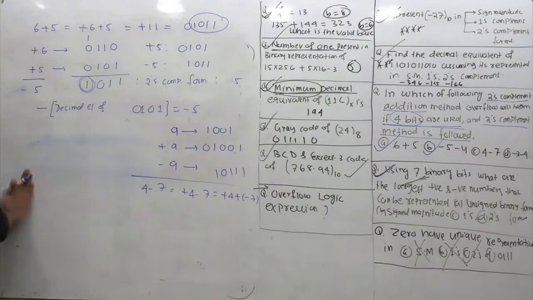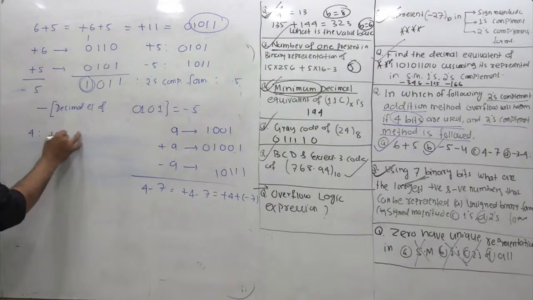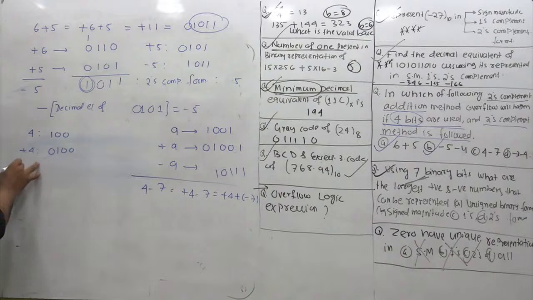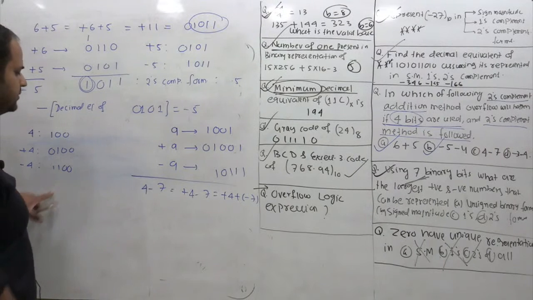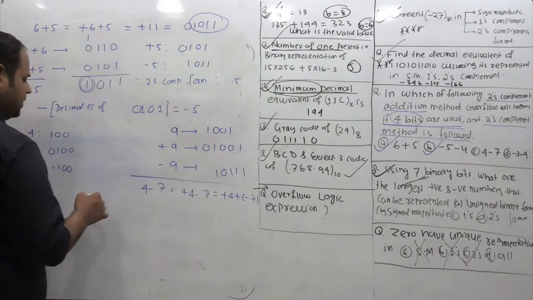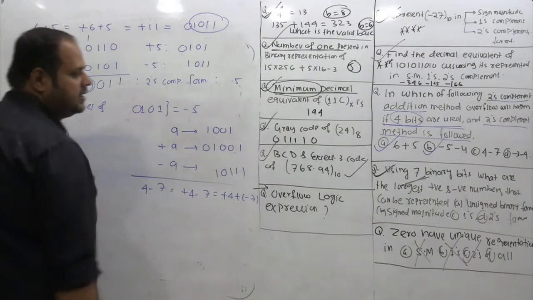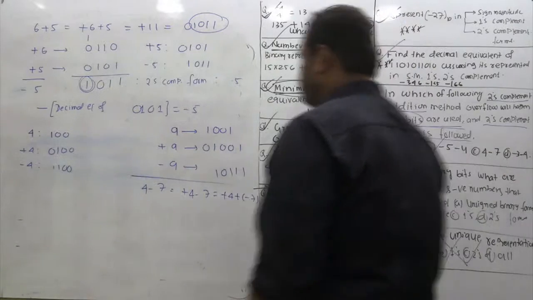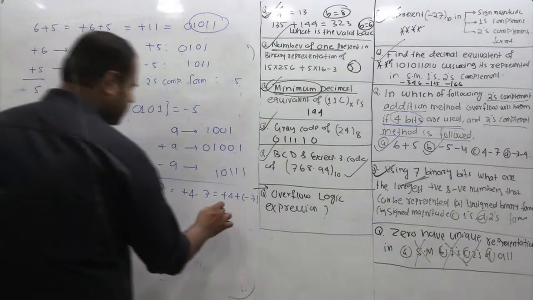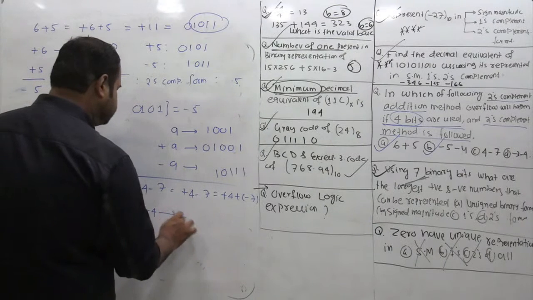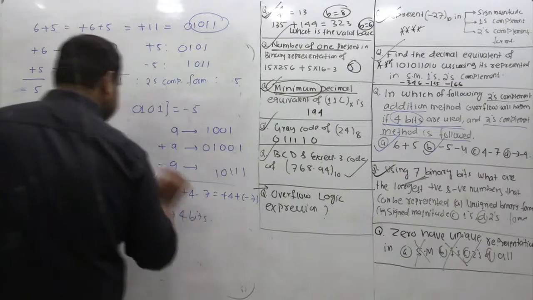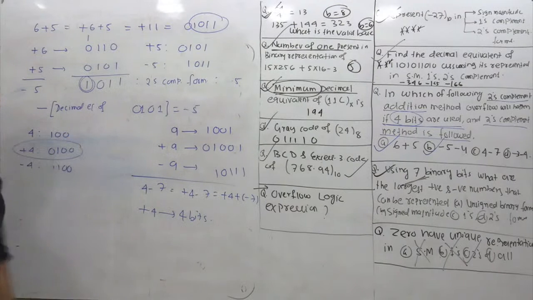To represent +4, how many bits do I need? 4 is 100, so +4 is 0100. I don't need -4 in this case; in the next case I need -4. But for +4, I am using 4 bits.